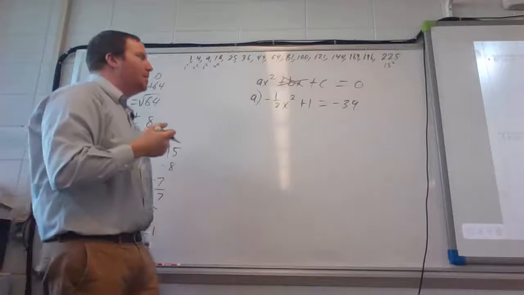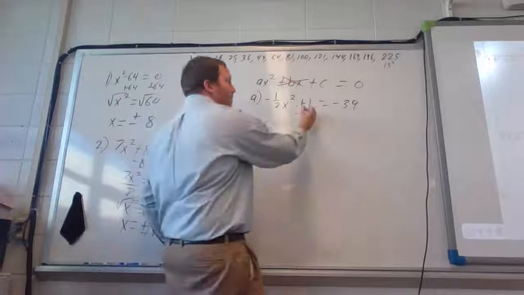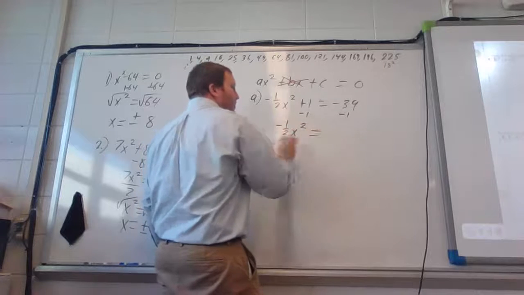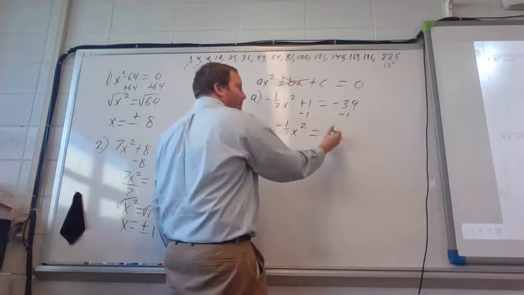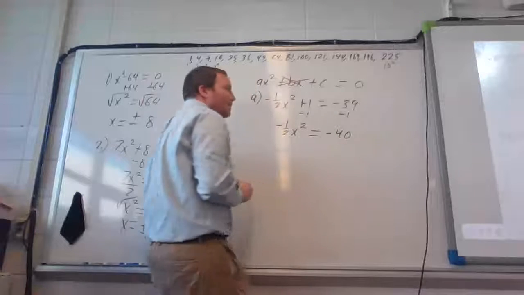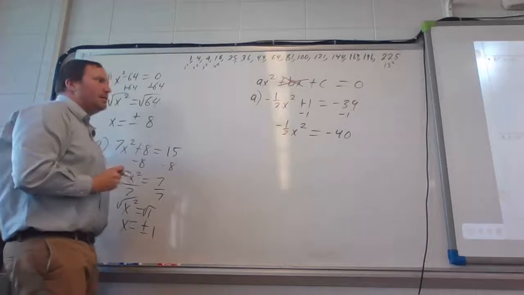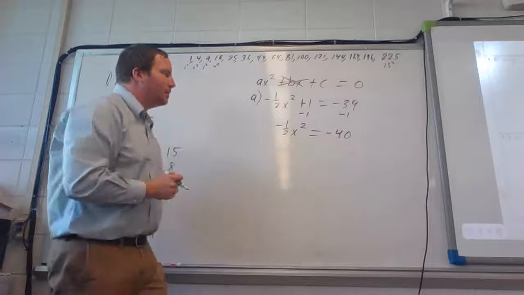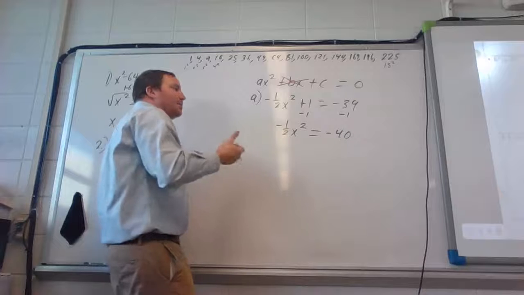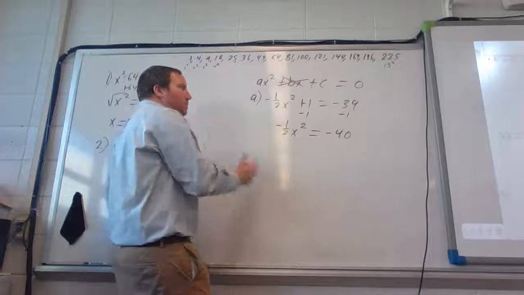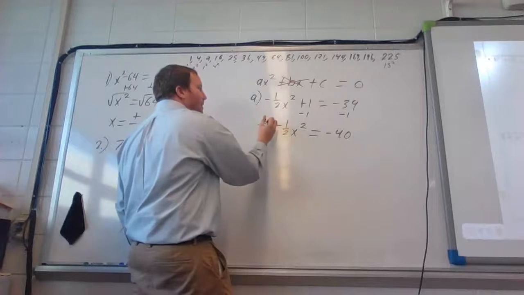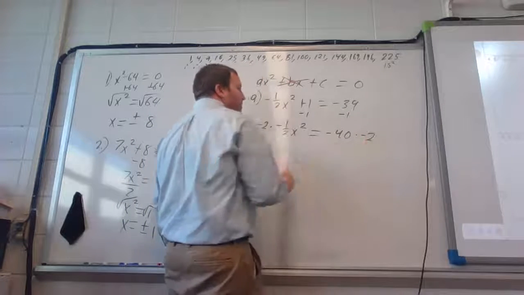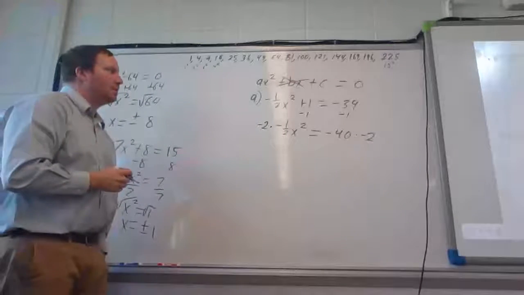So first thing, minus 1 on both sides. Both become more negative, so minus 40. To get rid of the negative 1/2 in front of our x squared, we have to divide by it, which means multiplying by the reciprocal, 2 over 1, or we can think of it as just negative 2.